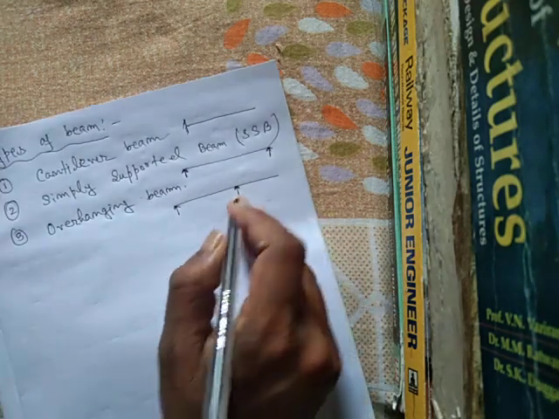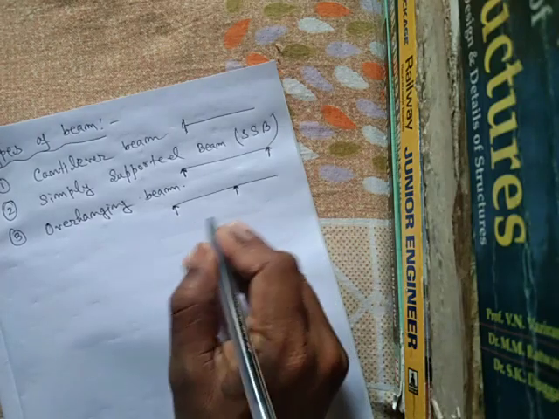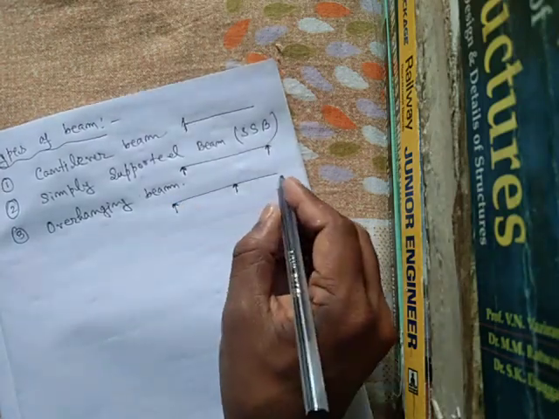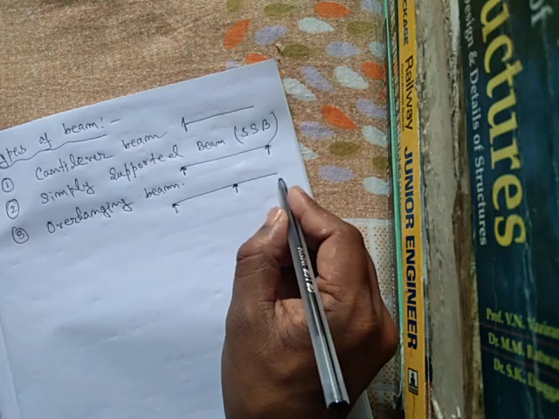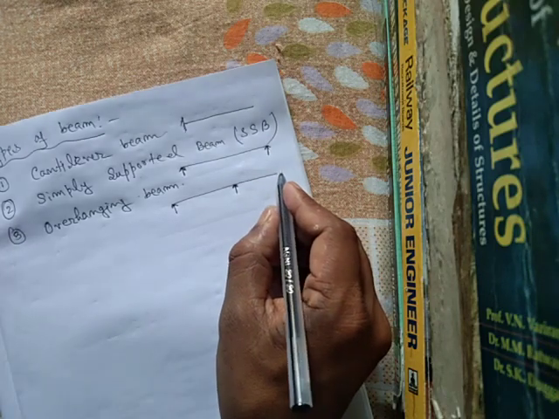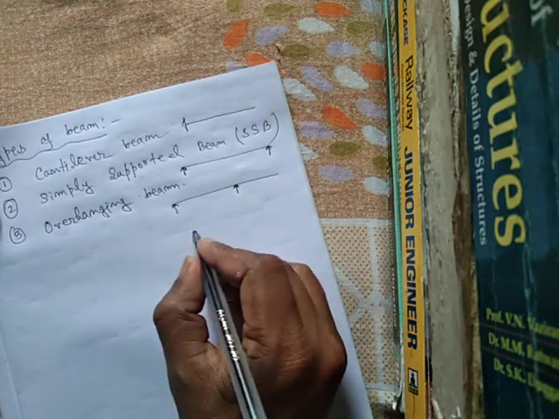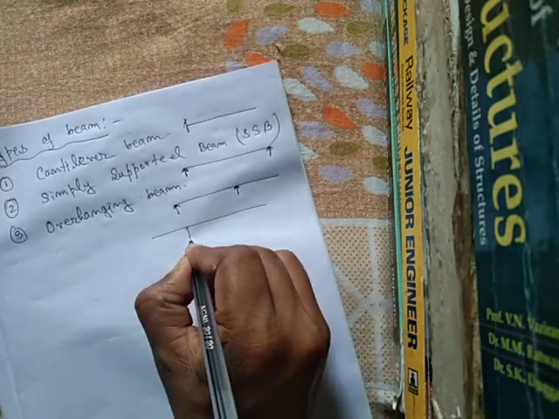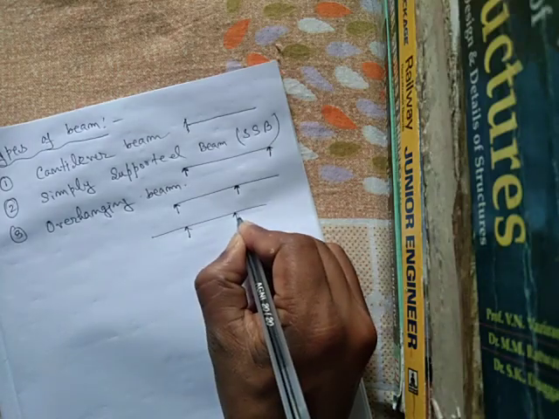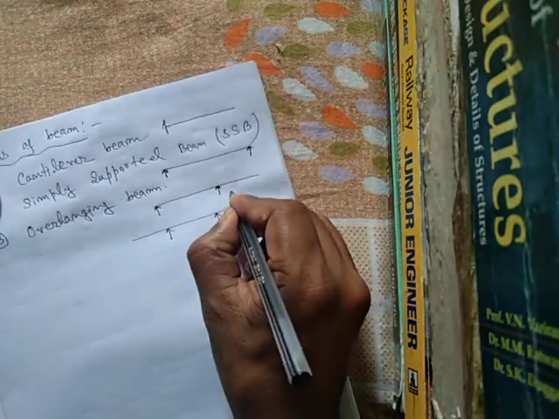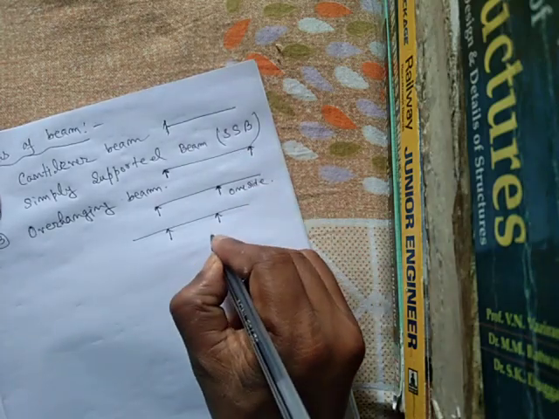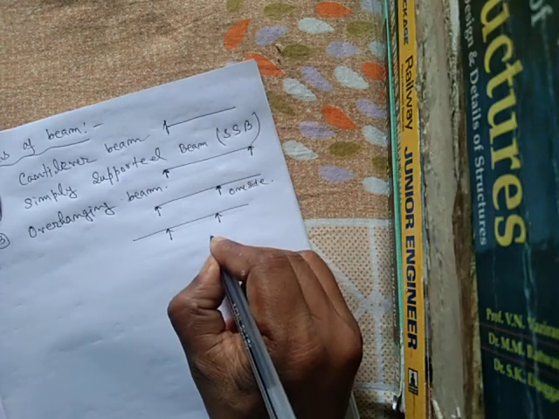This is also freely resting on the two supports, and one side is cantilever. Also overhanging beam can be both side. This is one side, and this is the both side overhanging beam.